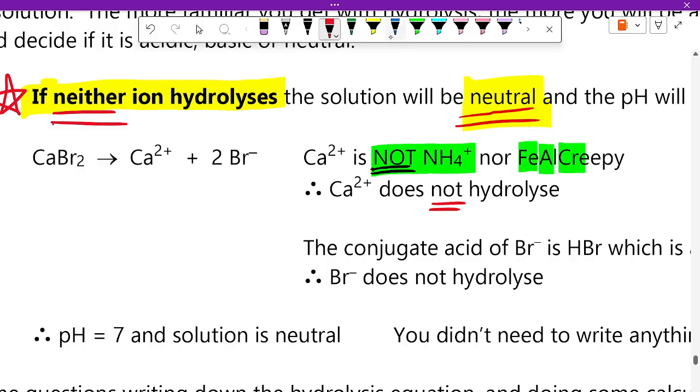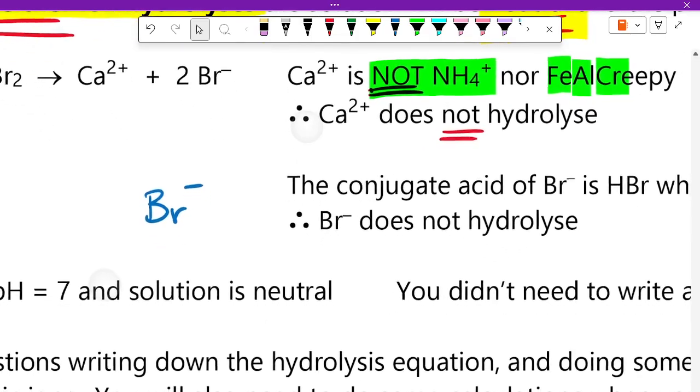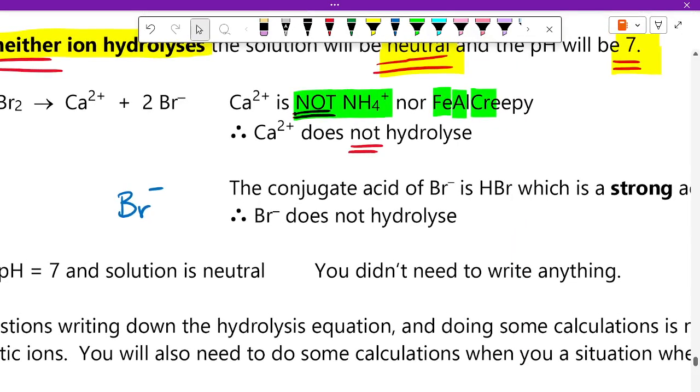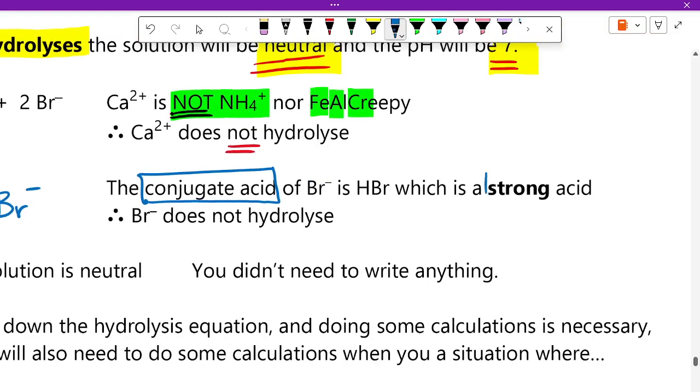For the anion, first of all, we should check, is the anion amphiprotic? Bromide, amphiprotic, yes or no? No, it does not have an H. Now, you can write the hydrolysis equation, or you can simply say its conjugate acid is strong. And if its conjugate acid is strong, it does not hydrolyze. Yes?